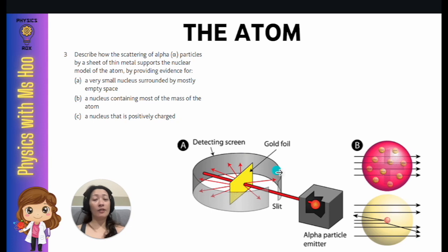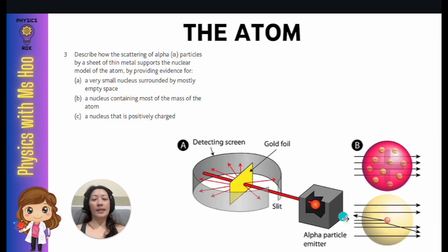So in a nutshell, you need to remember the results of this gold foil experiment and how the results prove all these three. So when we observe the results of the gold foil experiment, we find that most of the alpha particles are able to travel straight through the gold foil, therefore proving that the atom is made up mostly of very empty space. That's why most of the alpha is able to pass through.